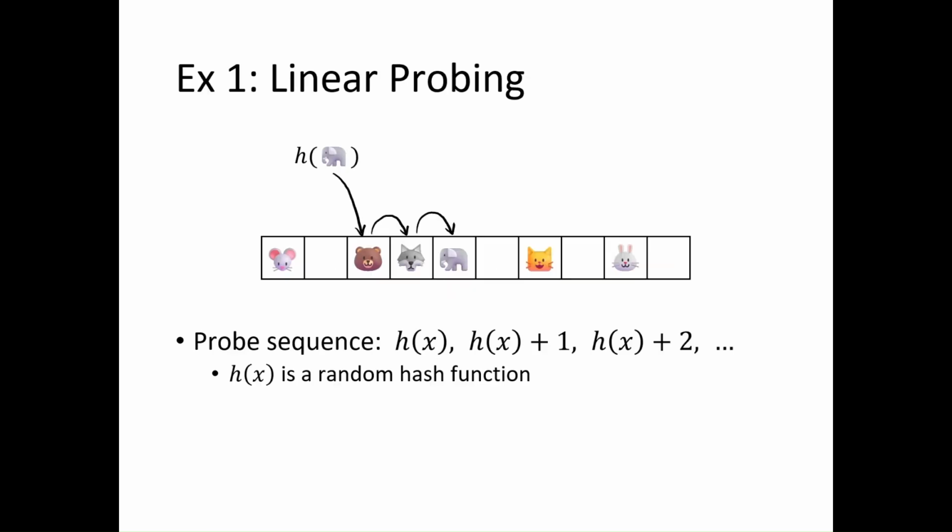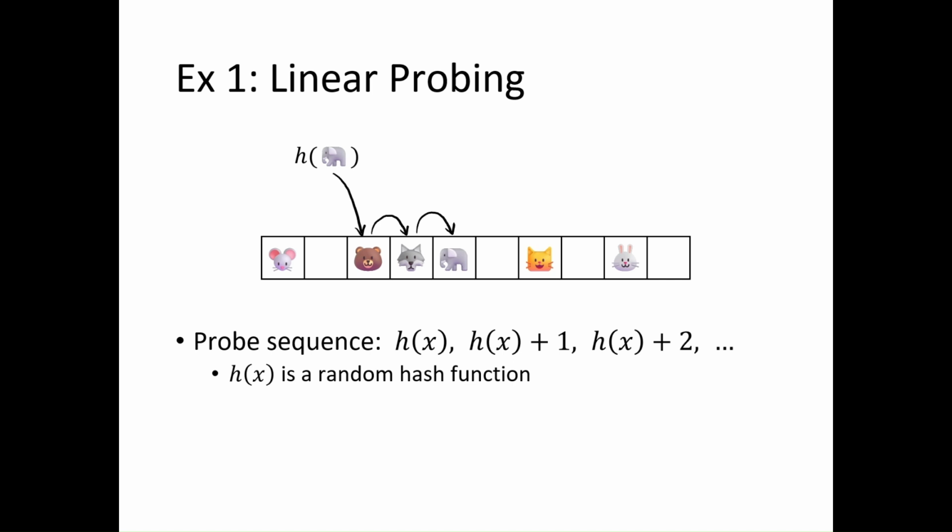Let's see some examples. The first example is linear probing. It is one of the earliest hash tables in history. In linear probing, every key X is mapped to a random location in the array using a hash function h of x. When we insert the key X, the hash table will find the first empty slot at or after the location h of x.